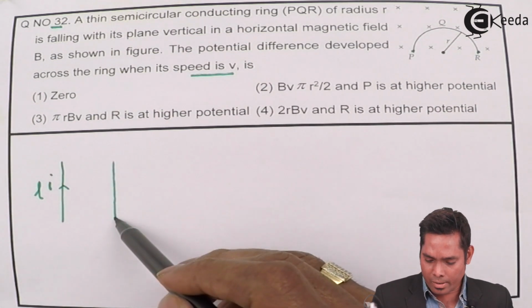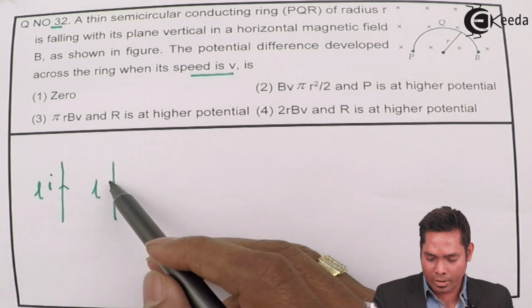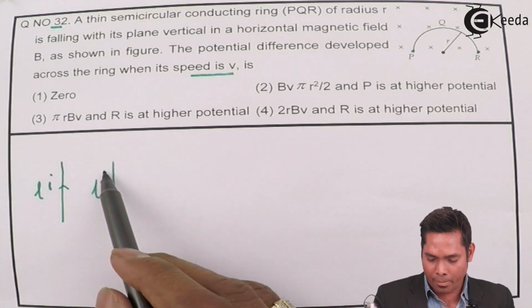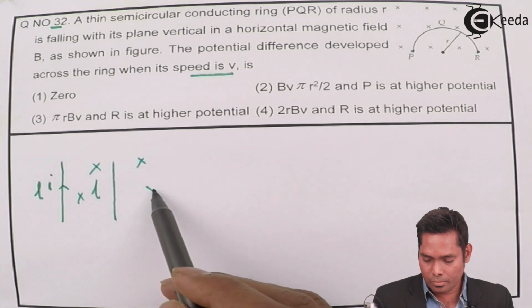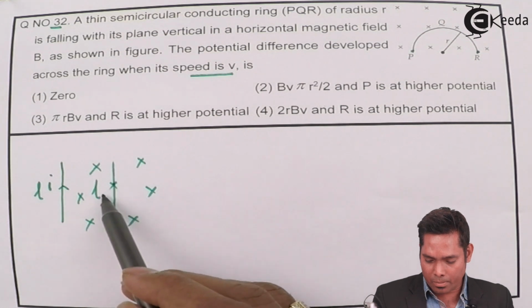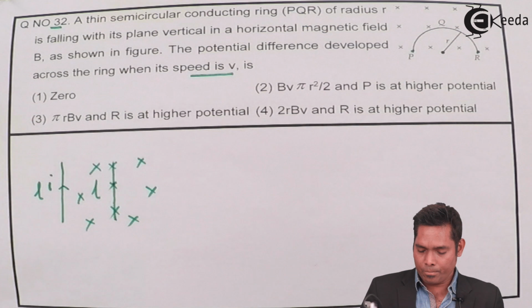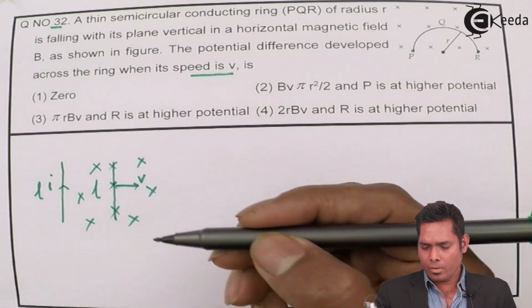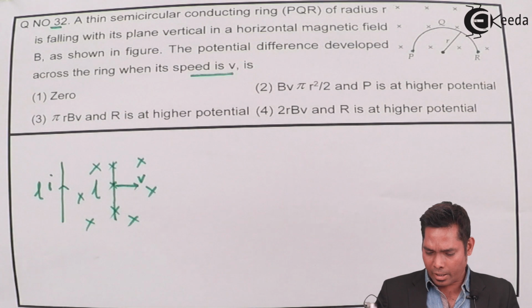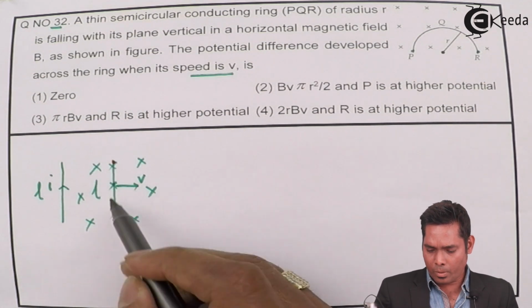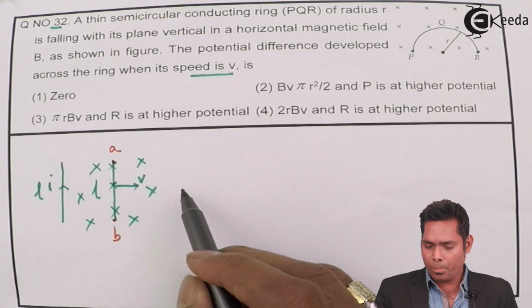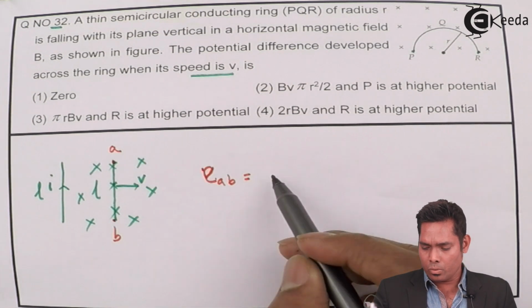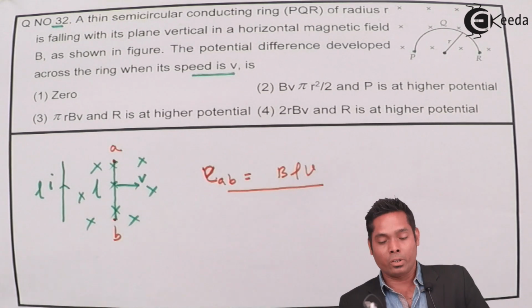I'll just take a wire, and if it cuts the magnetic field, suppose the magnetic field is downward, and it moves with a certain velocity v, then the potential difference created at the ends of these 2 points, suppose a and b, is the induced EMF EAB equals BLV. This formula we have already known.